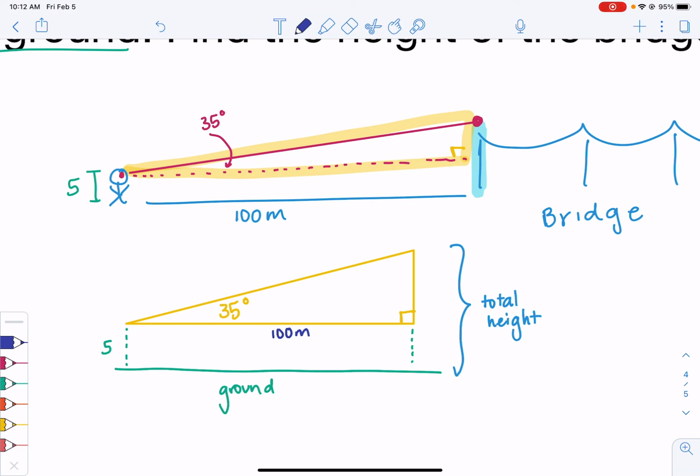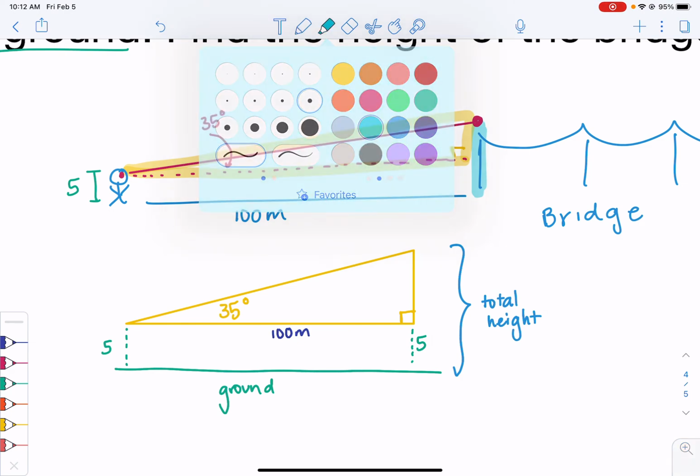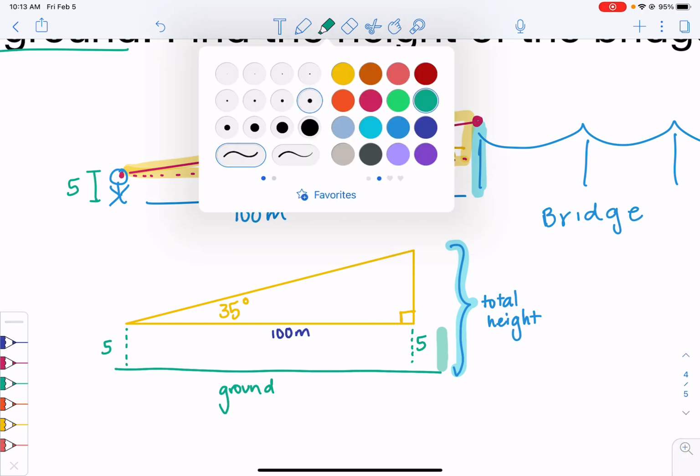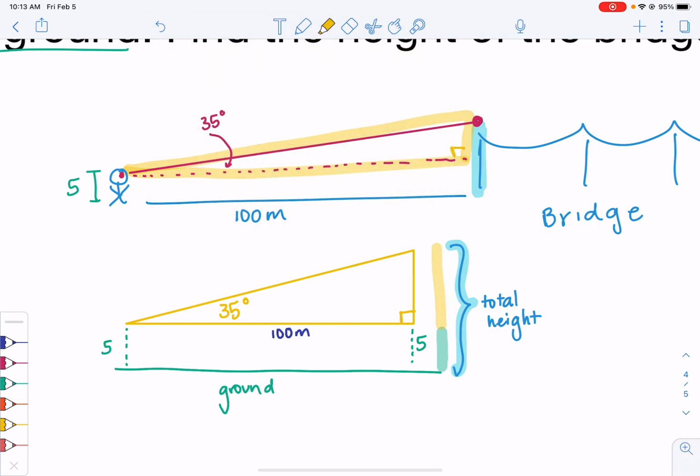So in order to find the height, the total height, let's think about the last problem. It's going to be this green part plus this yellow part adds up to our total height.